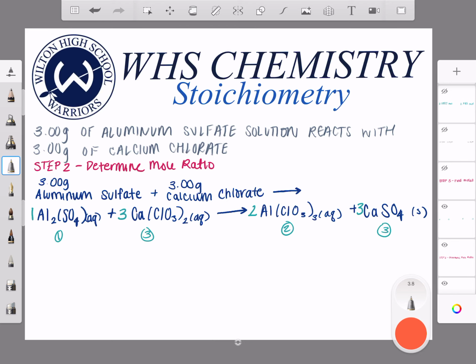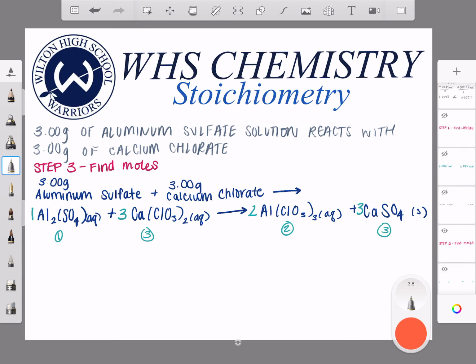We're going to use this number later in our stoichiometry problem. Now that we have our ratio between each of our substances, we can find the moles.